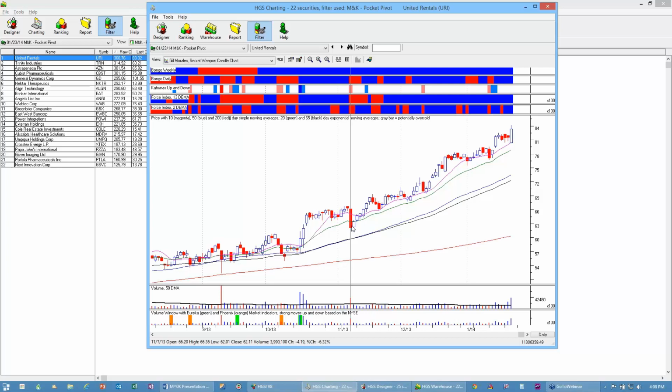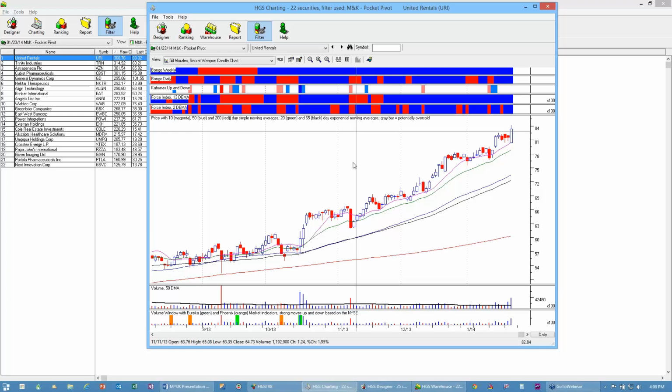Now, you don't know that at the time. That's a pretty scary looking candle at the time, and you can see that it's on heavy volume. But if you look at the next day, you can see that the volume subsided with the candle. It's really an inside day on that prior candle, but you're going to get these signals in a strong bull market like we've had until the past few days.